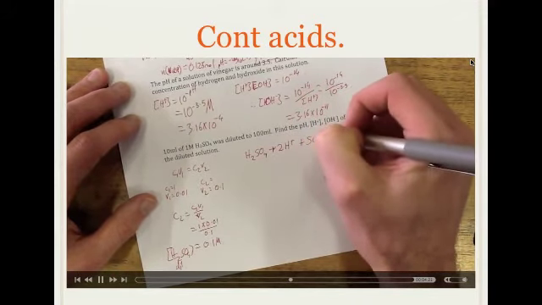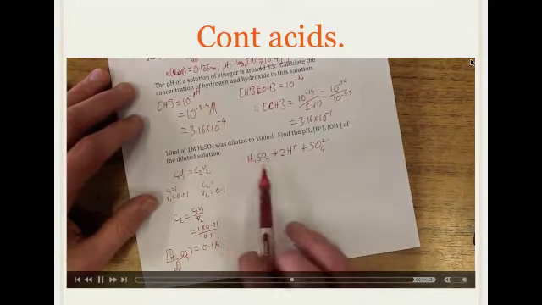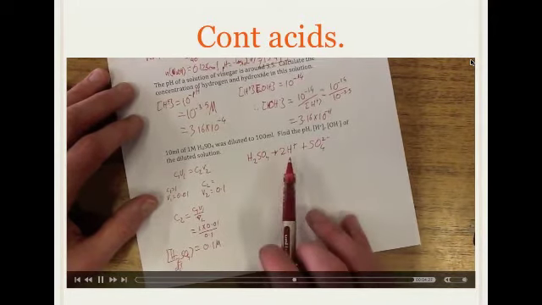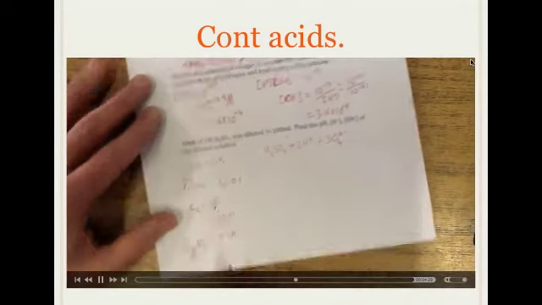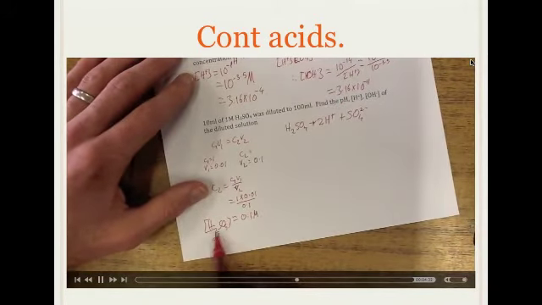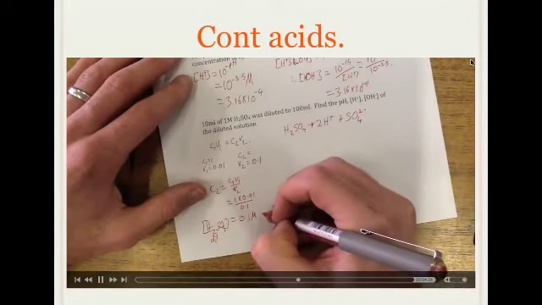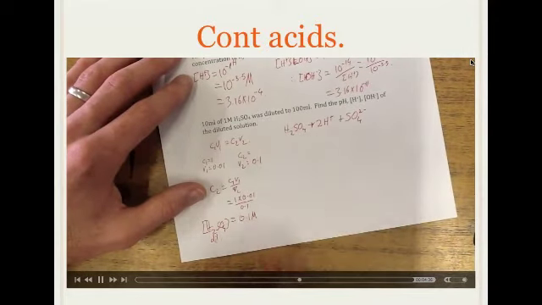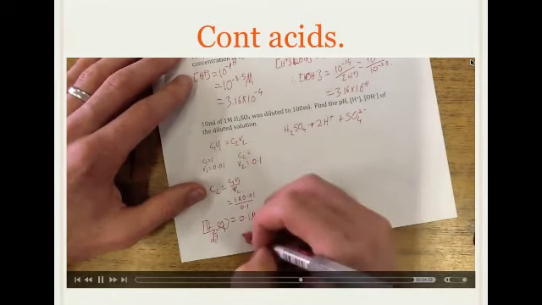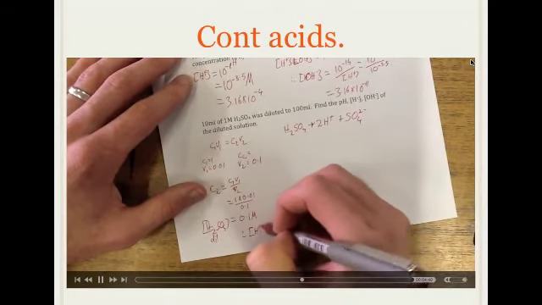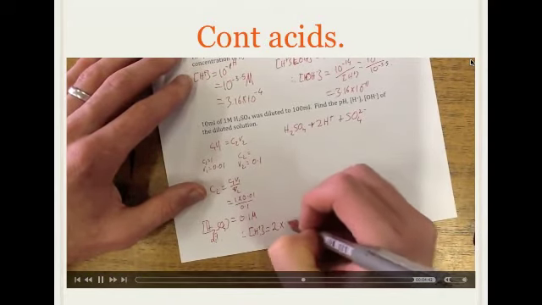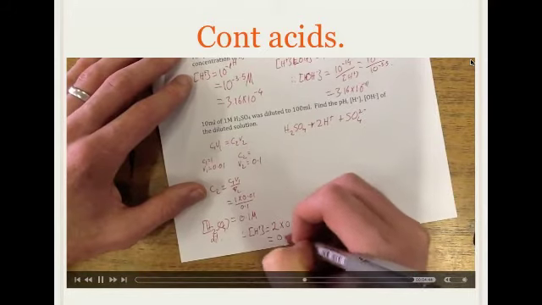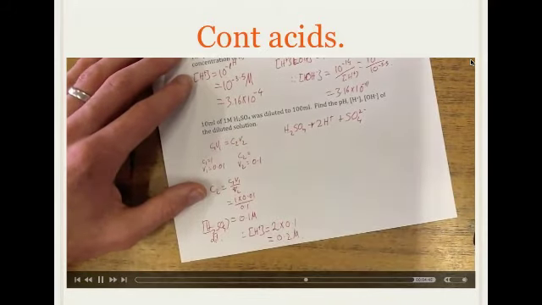So therefore, for every one of the sulfuric acid, you're going to create 2 hydrogens. So if our concentration of our diluted sulfuric acid is this, our concentration of hydrogen must be twice as much as that. So the concentration of hydrogen plus equals 2 times 0.1, which is 0.2 molar.